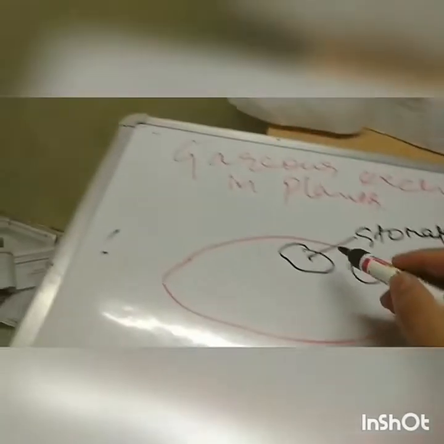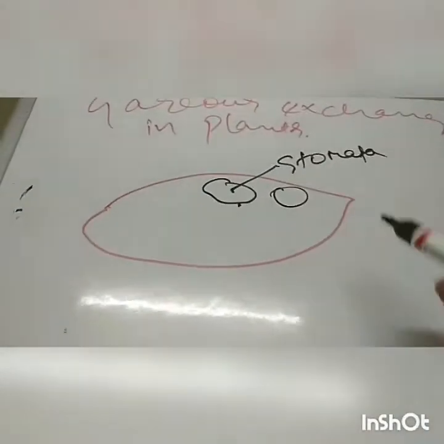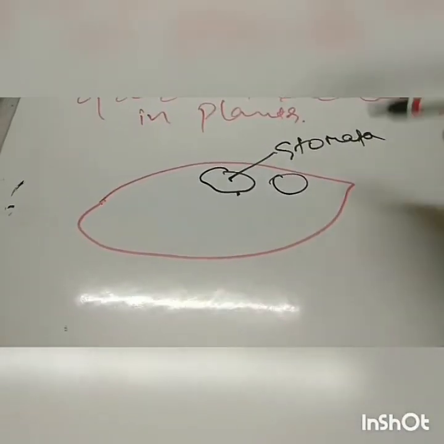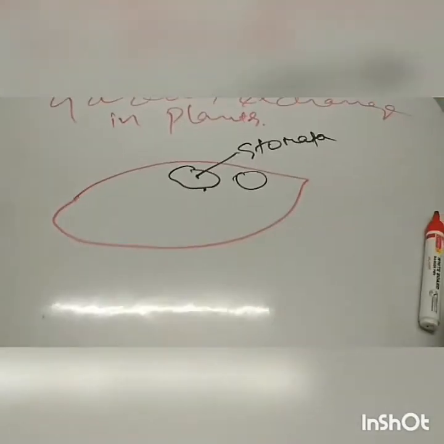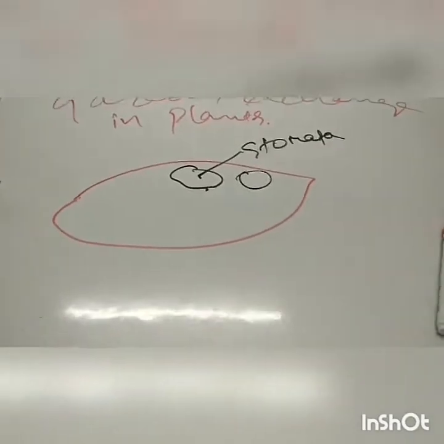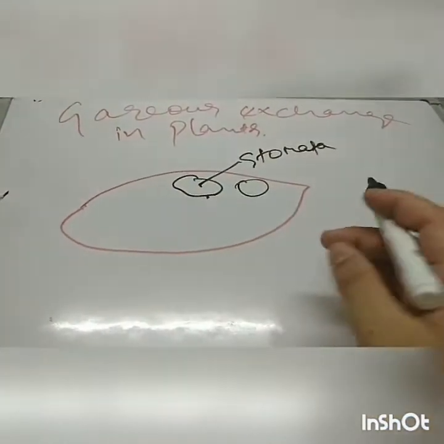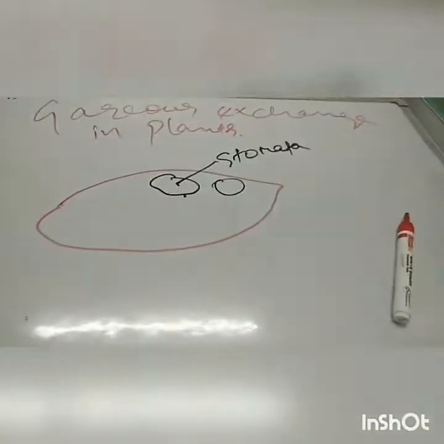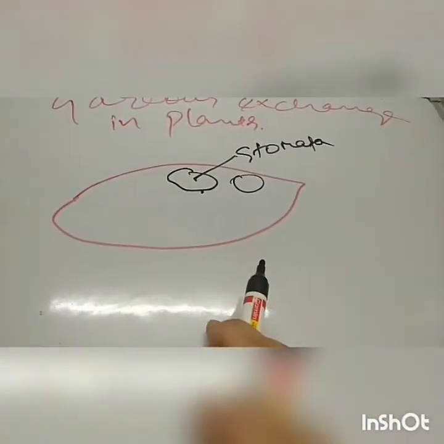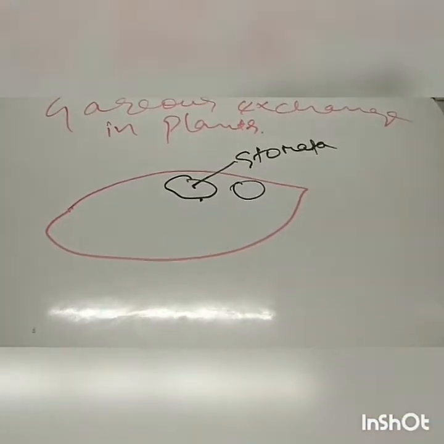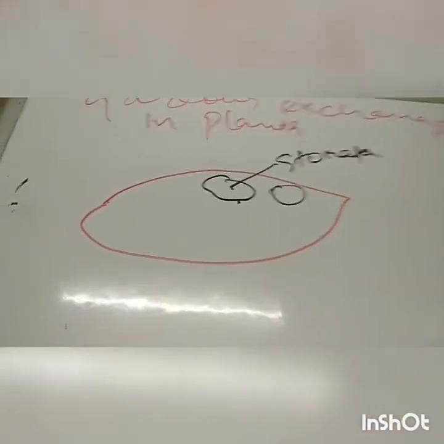This is stomata, which is in the plant leaves. It helps in the absorption of carbon dioxide and in the emission of oxygen. Gaseous means carbon dioxide and oxygen. That's how the gaseous exchange takes place.